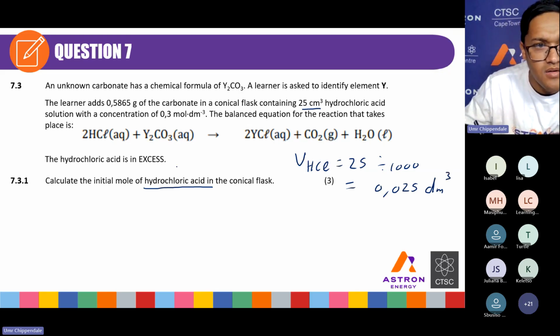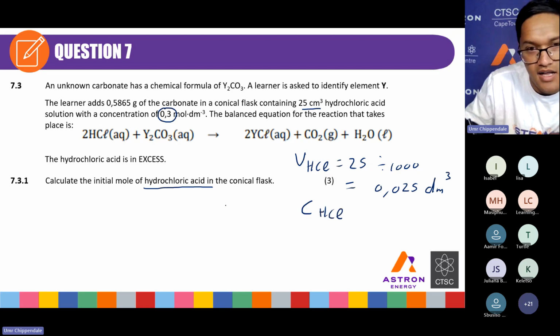What else do we know? The learner adds that amount of carbonate in a flask to this, and that will give us a concentration of 0.3. This concentration is of our hydrochloric acid. So therefore we know C of our HCl is equal to 0.3. And they want to know the initial amount of moles.